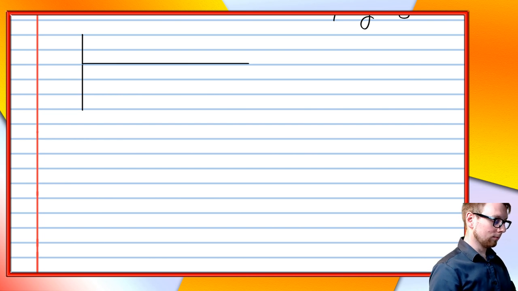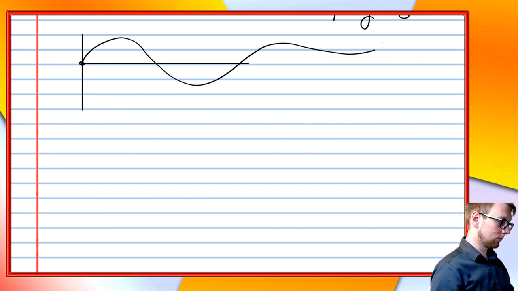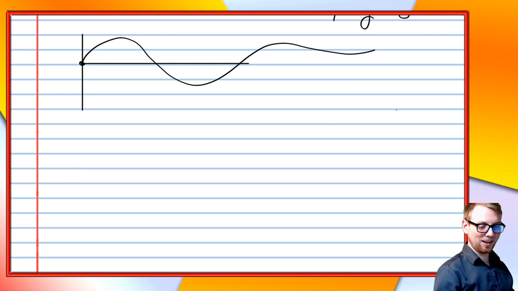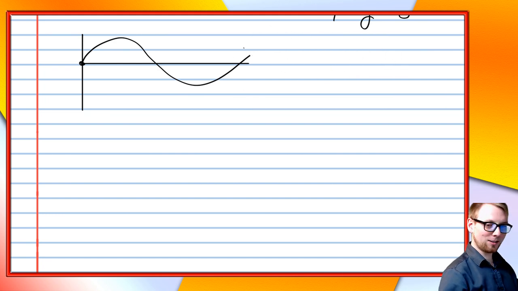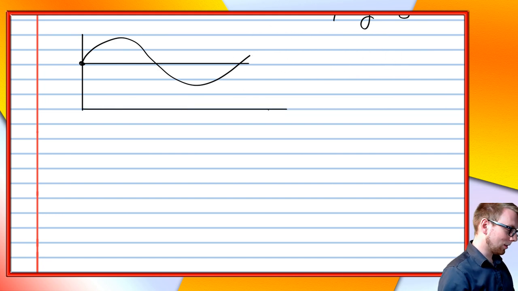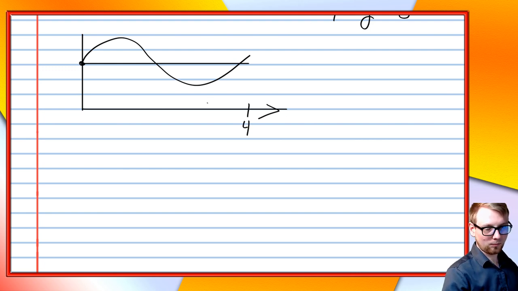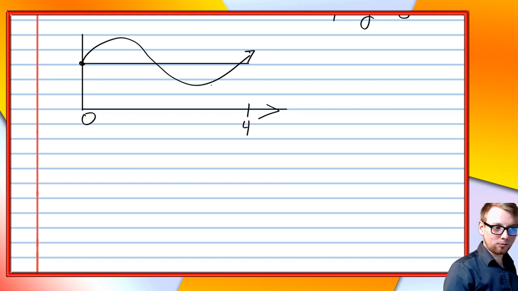Because our function starts at 0, goes on forever. I just said that it goes on forever. It doesn't end at 4. There's a little arrow at the bottom that says it goes on. It extends past 4. 4 is here, and it extends past. So 0 is the starting point, and it goes on forever after 4.